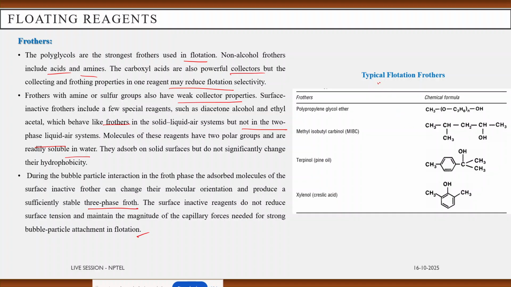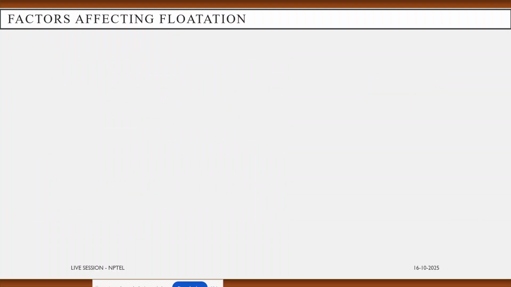So these are some typical flotation frothers: polypropylene glycol ether, MIBC, that is methyl isobutyl carbinol, terpenol, xylenol. These are some flotation frothers commonly used. Now we want to know the factors affecting the flotation.